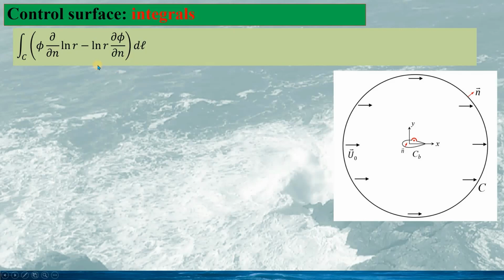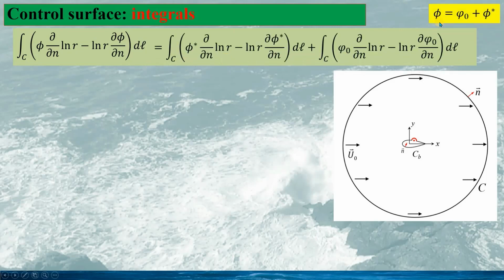Now we look at the integral on the control curve C as this. Using the potential function decomposition, we can split the integral into two parts: the part on the disturbance potential function phi star and the integral on the potential function phi 0 for the uniform flow.